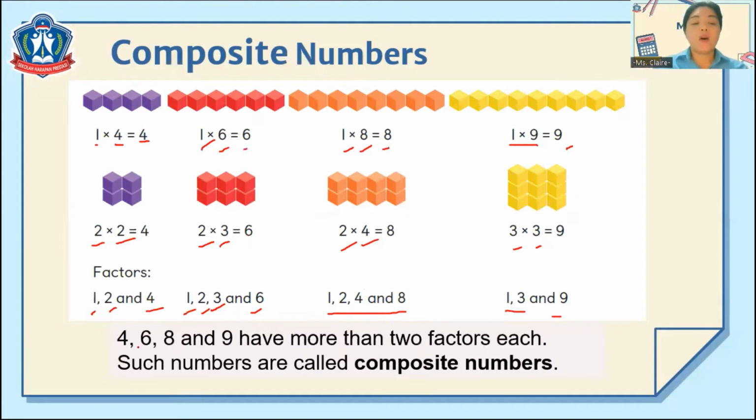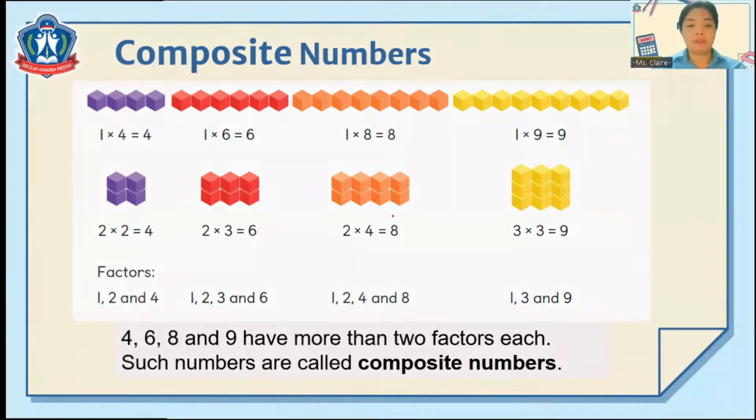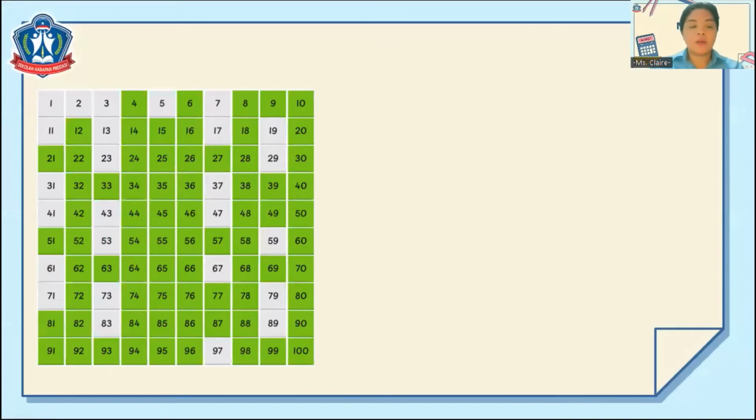Okay, so 4, 6, 8, and 9 have more than two factors each. So these numbers that have more than two factors are what we call composite numbers. It's different from prime numbers because prime numbers have only two factors, one and itself. But composite numbers have more than two factors. I have another one here.